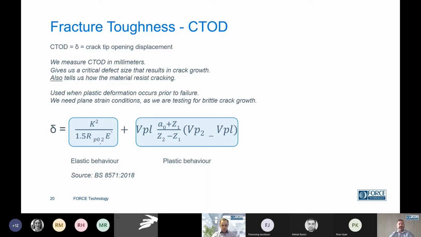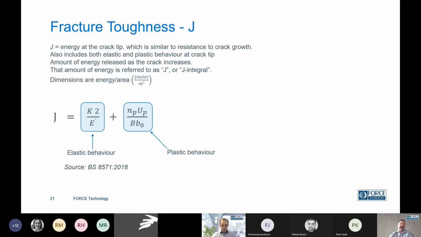Now another one similar to CTOD is the J, or the J integral. What makes it different is that the way the fracture toughness is derived is different.